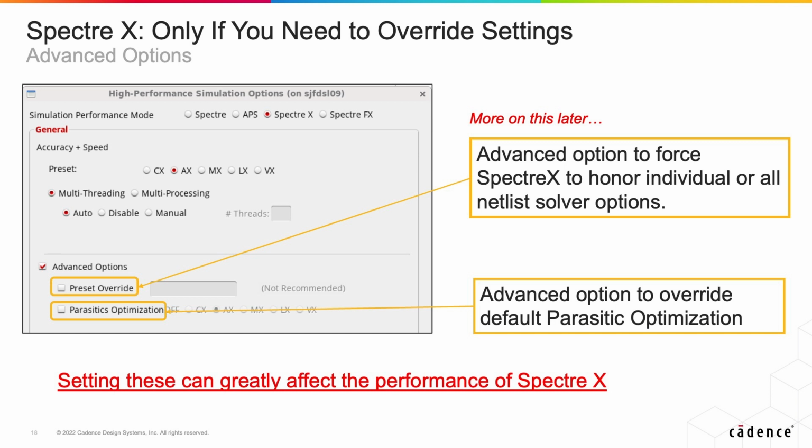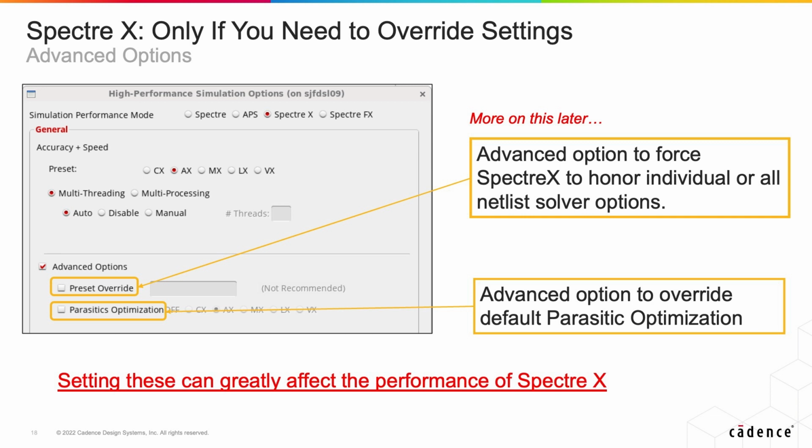So I talked about the presets. In Spectre X, you are not required to explicitly set a value for parasitic optimization. You have to set something here, one of these five. Suppose you've chosen AX.